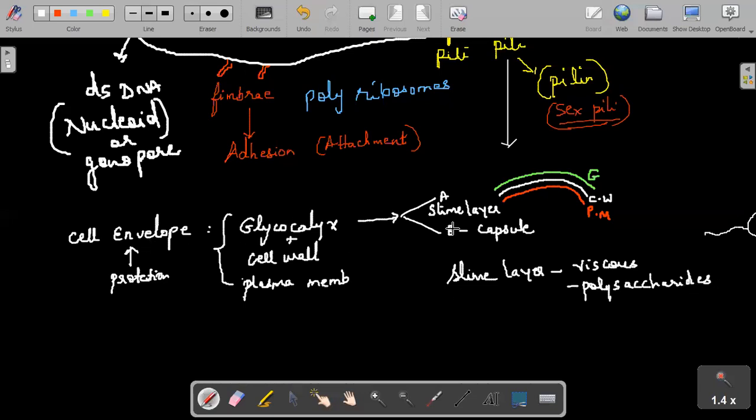Now, this entire glycocalyx, be it slime layer or the capsule, helps in protecting the bacteria from antibiotics and desiccation. So the entire glycocalyx is protective in nature, correct?